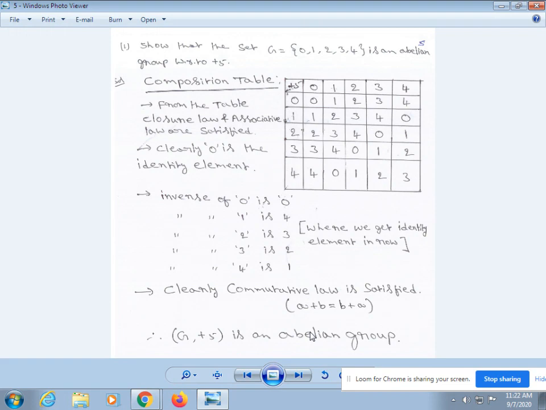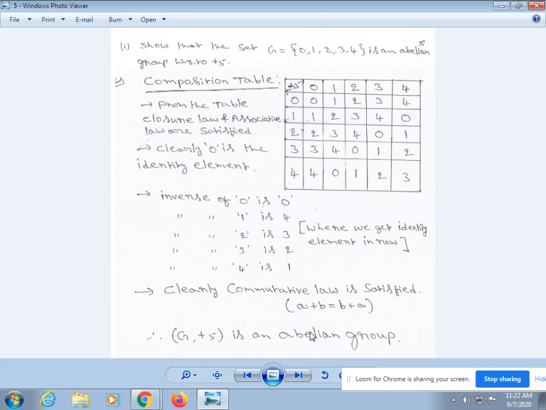From the above composition table, we will observe some principles. First one is closure law. Closure law is: suppose 0, 1 or 2 are elements in the given set. 0 plus 1 addition modulo 5, the result 1 is also in the given set. Then closure law exists. In the same way, verify associative law.